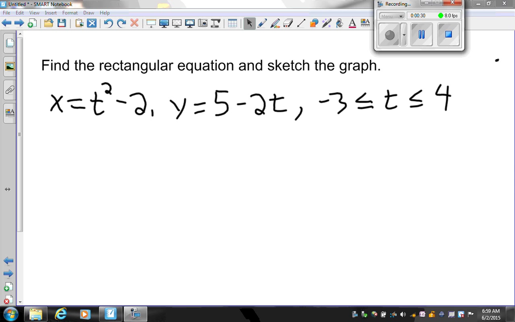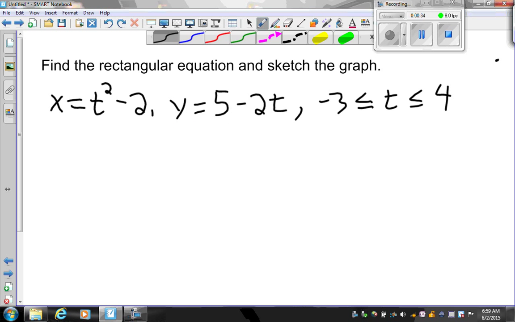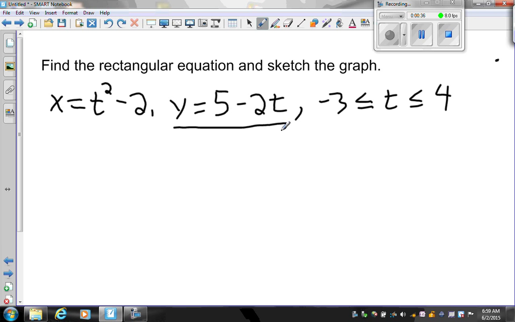So in this case, we can take this equation involving y and solve for t. So we have y minus 5 equals negative 2t. Divide both sides by negative 2. y minus 5 over negative 2 is equal to t.